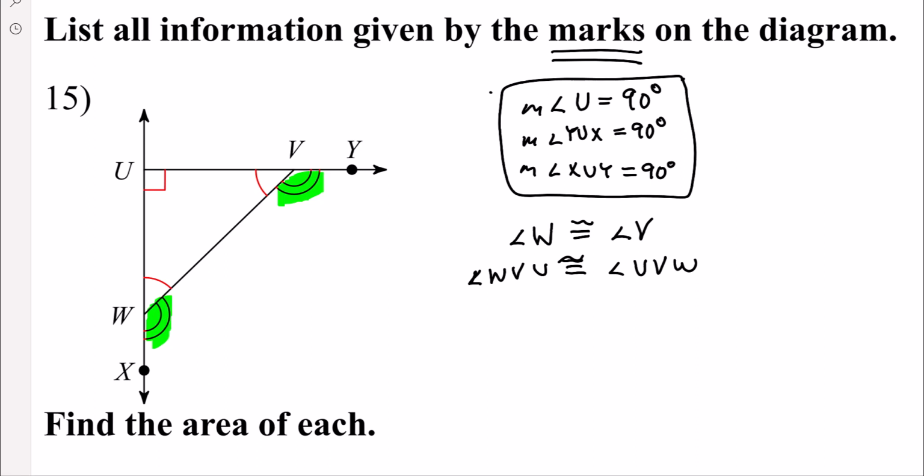So you could say, notice this time, we're not going to call this angle V, because it has two angles, let's not go with that. Let's go with what we did previously. And now on this one, we're going to call it XWV.